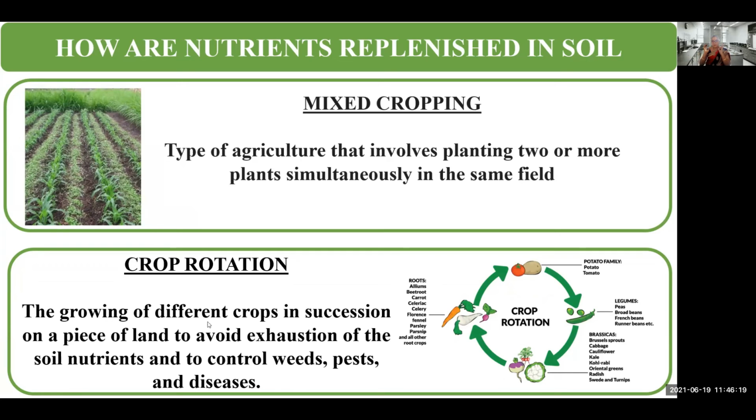Otherwise, if we grow one type of crop again and again, the nutrients will be lacking in our soil. If you do it in a rotation manner, all these things are controlled and no soil erosion happens. Then and there we can replenish the soil again and again. So crop rotation is very important.